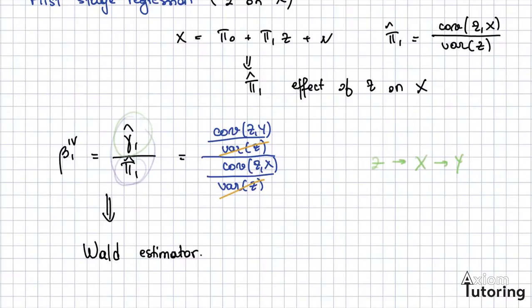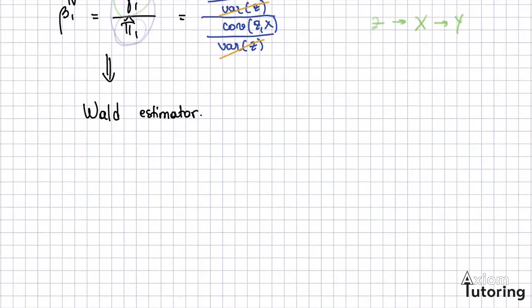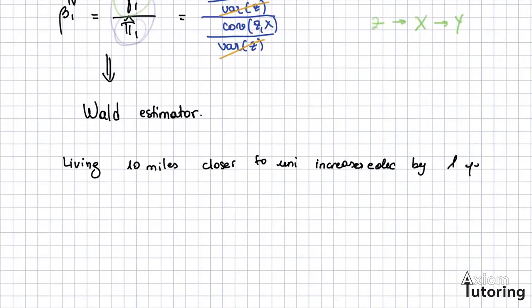If I were to do a numerical illustration of this exercise, let's assume for a moment that living 10 miles closer to uni increases education by 1 year. That means your pi 1 hat is 1.